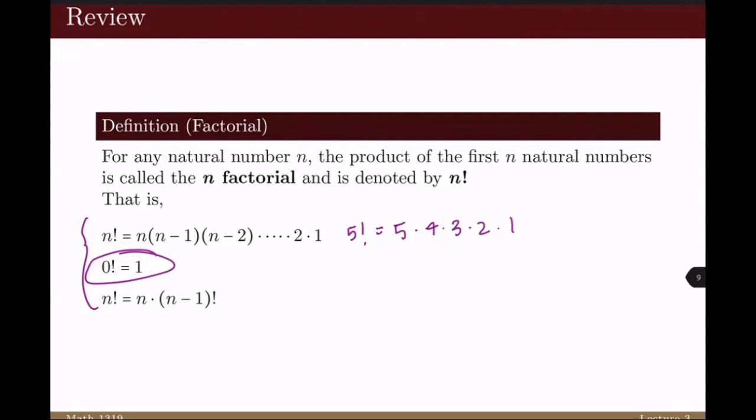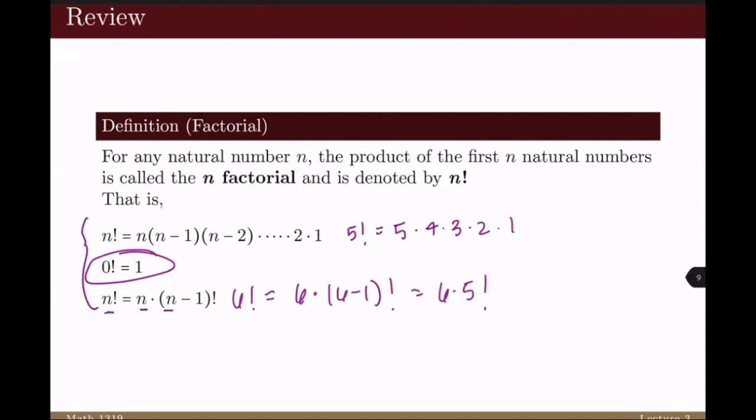So let's look at this bottom one. Let's say we have 6 factorial. Well, this rule is saying 6 factorial is equal to 6 times 6 minus 1 factorial, right? If I put the 6 here in this n spot, well, that's equal to 6 times 5 factorial.